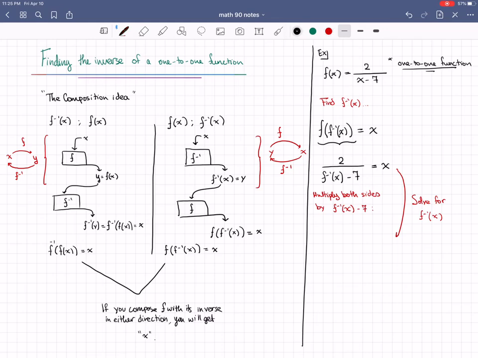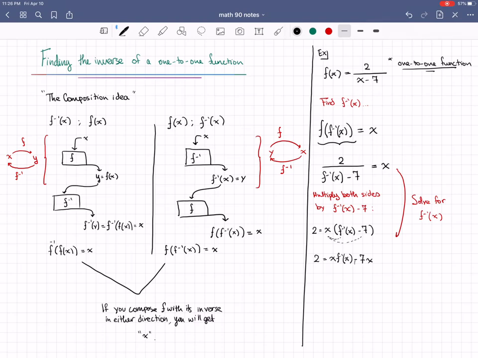So on the left, we'll have 2. On the right, we'll have x times f inverse of x minus 7. Then we'll distribute, because remember, we want f inverse of x by itself. So we have 2 is equal to x times f inverse of x minus 7x. And again, we want f inverse of x by itself.